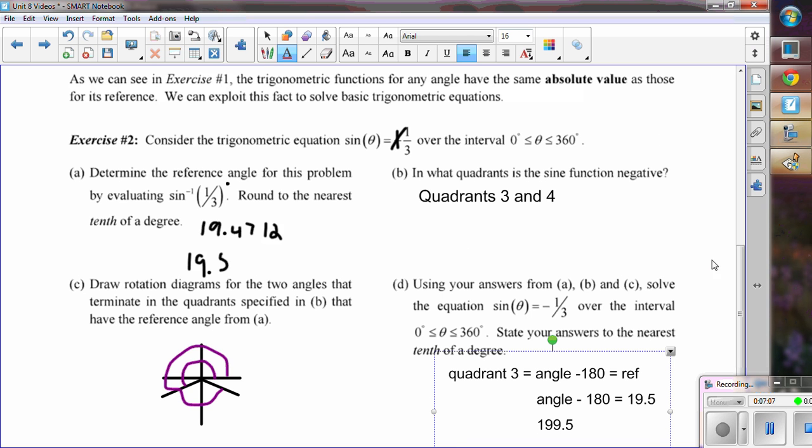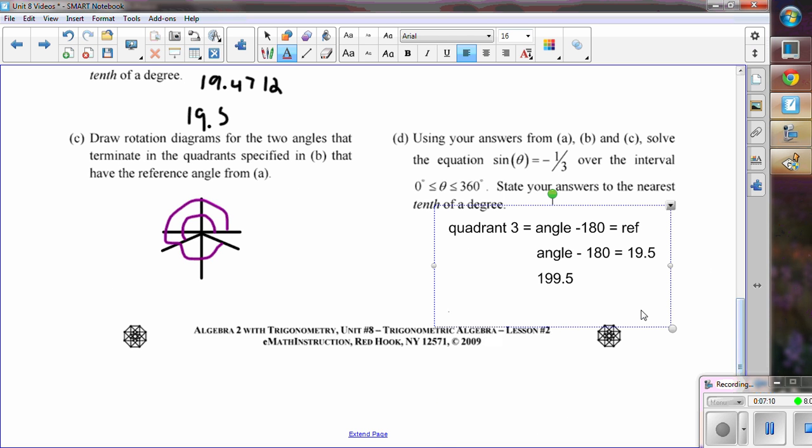In quadrant 4, the angle is such that 360 degrees minus your angle gives you your reference angle. So we know that 360 minus our x is going to give us 19.5. Or you can think about this another way and just do 360 minus 19.5.